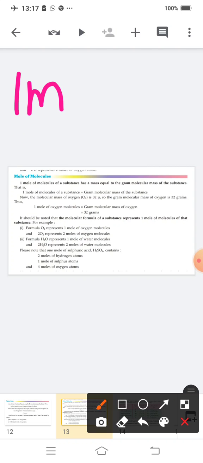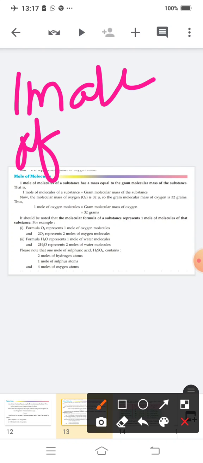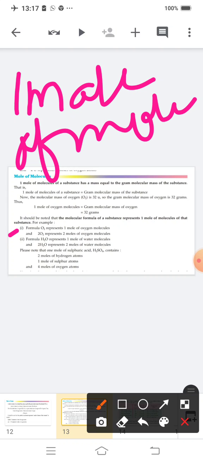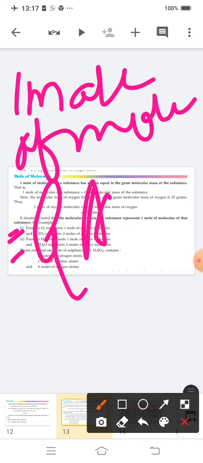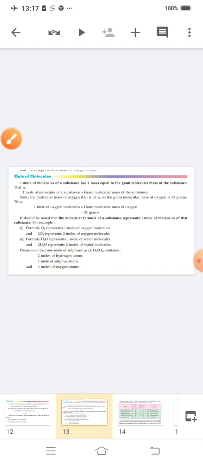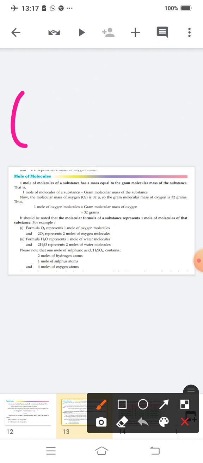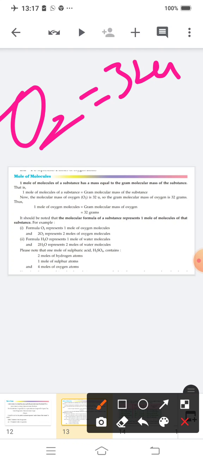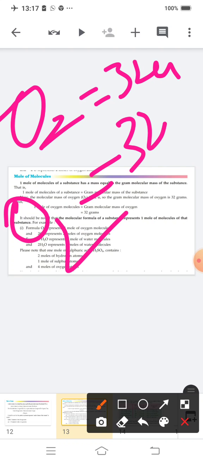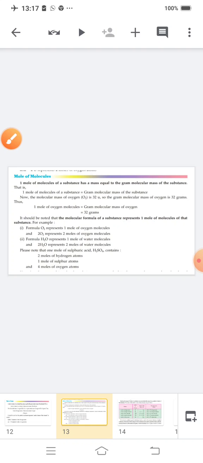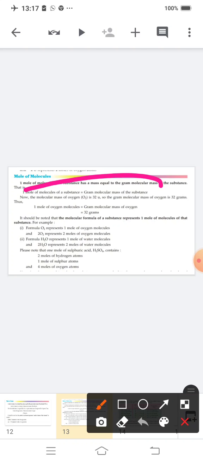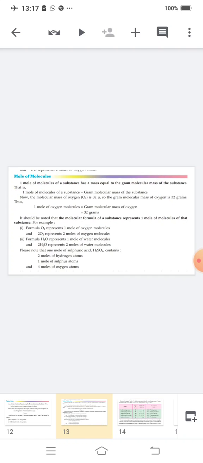For example, the molecular mass of O2 is 32 u and the gram molecular mass of O2 is 32 g. Here also, 1 mole of oxygen molecules is equal to the gram molecular mass of oxygen, that is 32 gram. Clear?